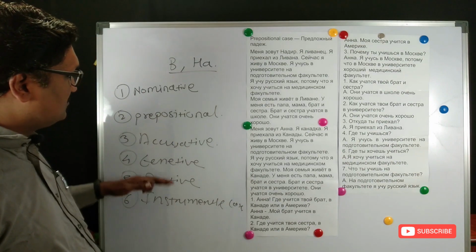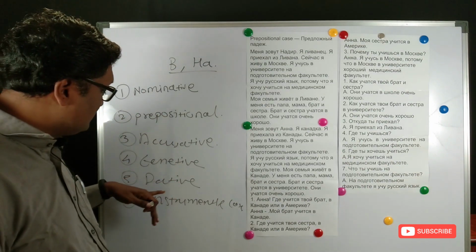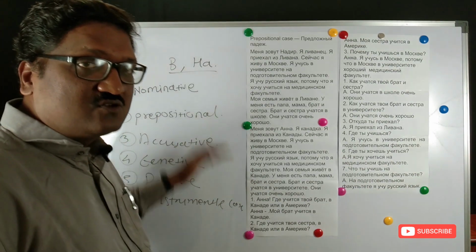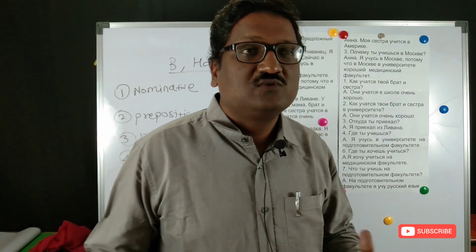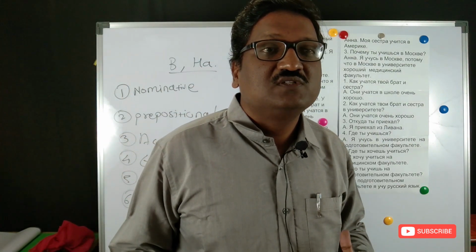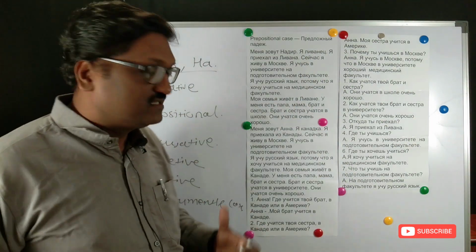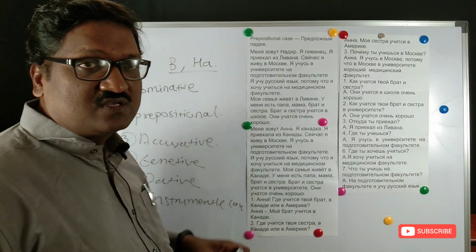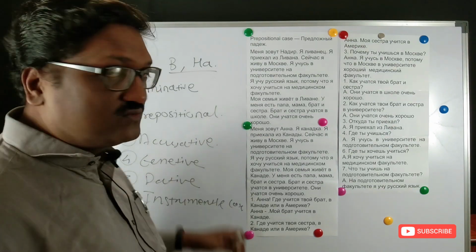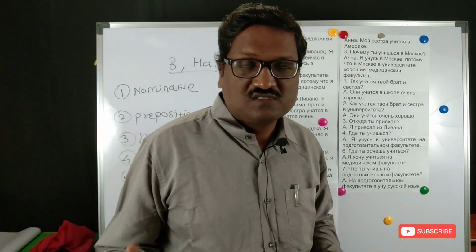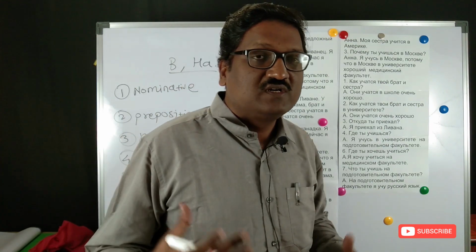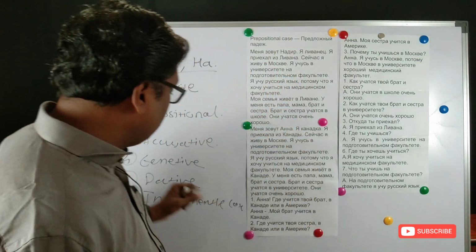There are other cases also, like the accusative, genitive, dative and instrumental. These cases depend upon how the noun is behaving and for what purpose the noun is used. If the noun is used as an object, it comes in the accusative case. If the noun indicates possession, suppose this is my book, the genitive case is used.